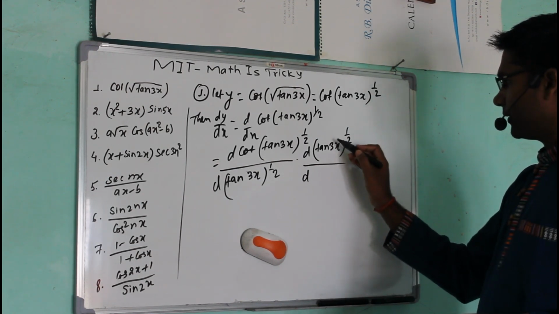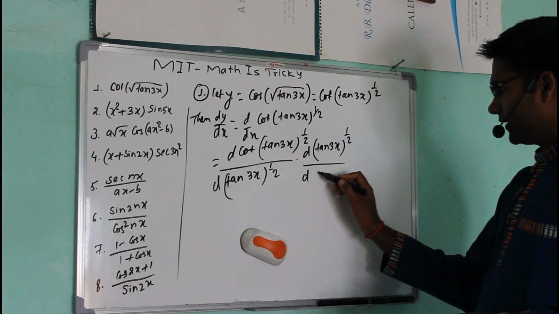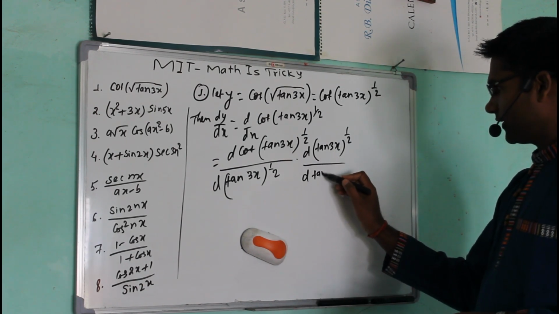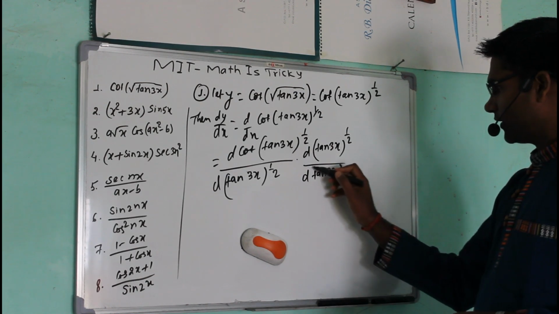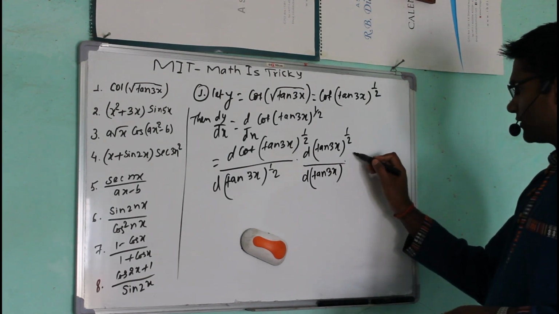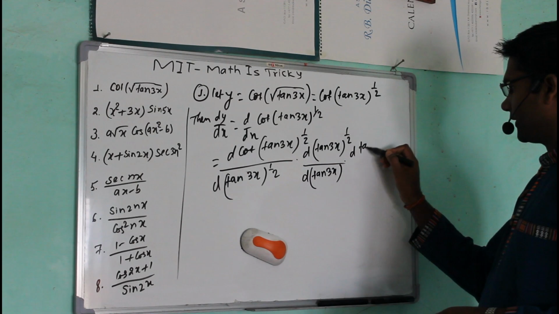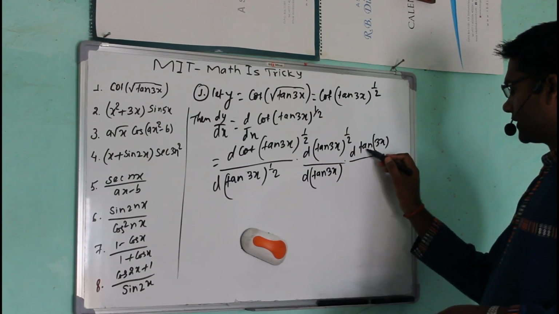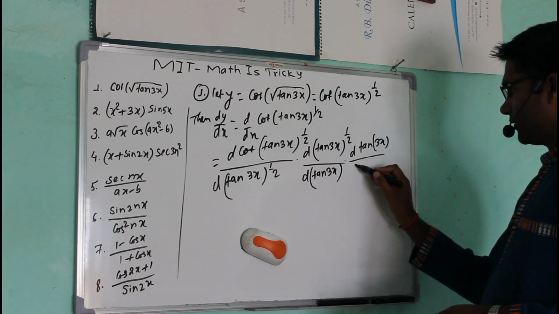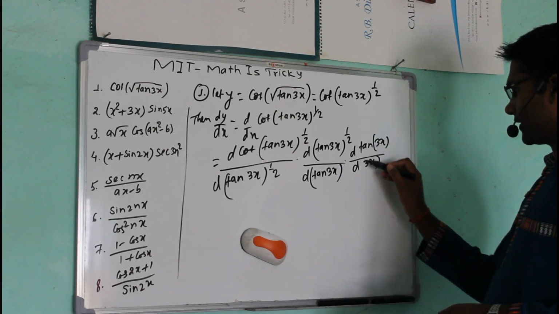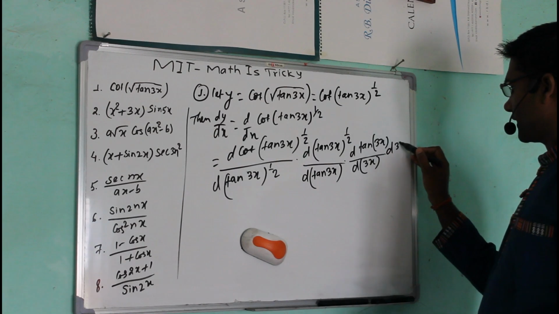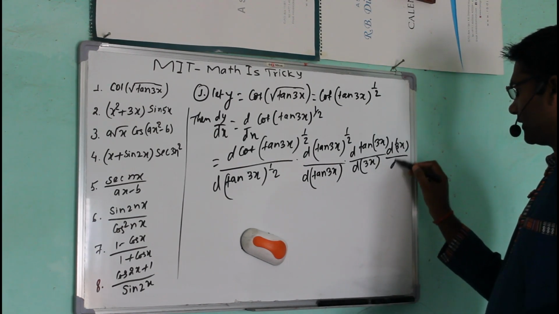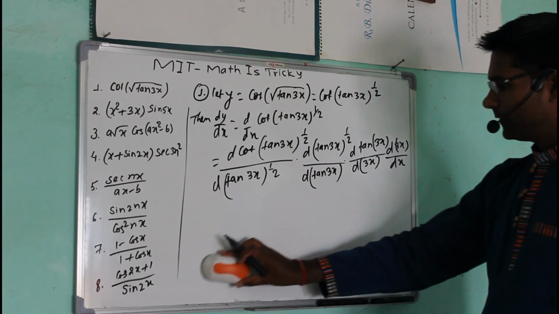To use the power rule we make the base and denominator the same, so it will be tan 3x. Again to balance this we put d tan 3x, and then for the trigonometric ratio tan the angle is 3x, so it will be 3x. At last d 3x by dx, then we'll get our answer.